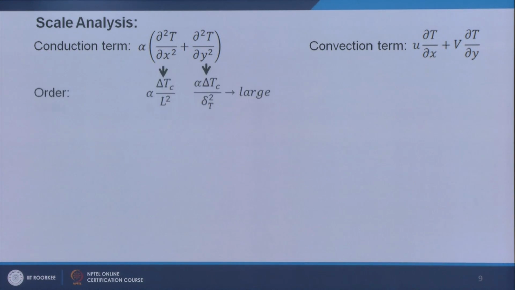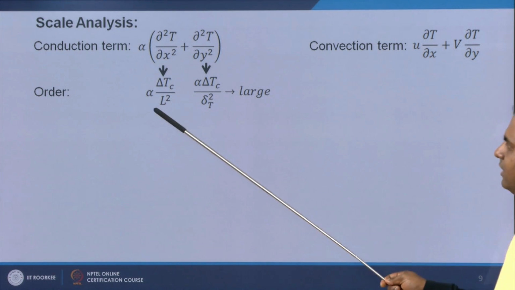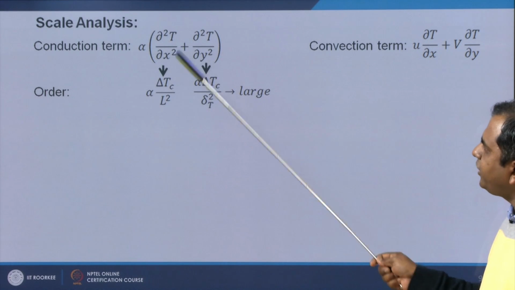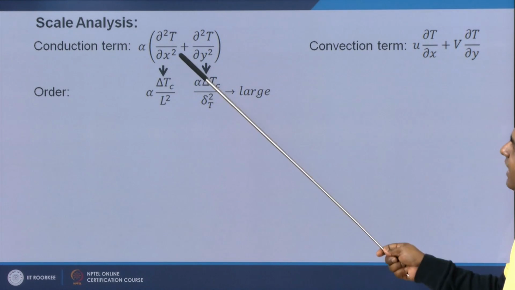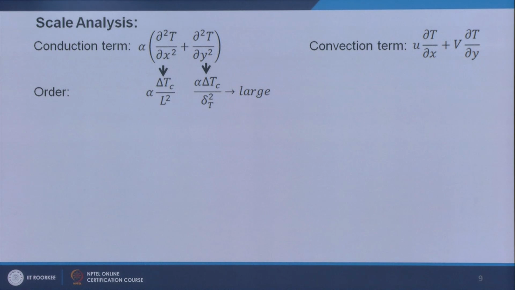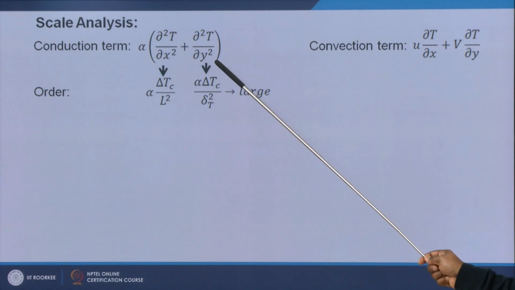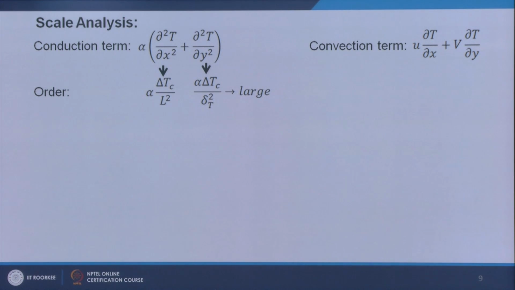Okay, so individually if you try to find out the scale, alpha remains over here for the first term, for this T we will be having delta Tc, and for this x we will be having L square, because x is the streamwise direction. Okay, and for the second term we will be having alpha delta Tc, and for y, which is the perpendicular direction, our length scale is delta T, which is nothing but your thermal boundary layer thickness.